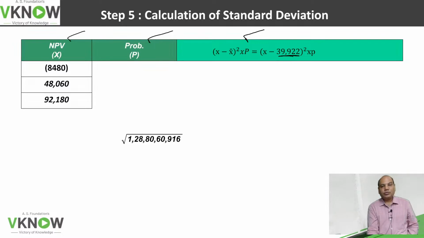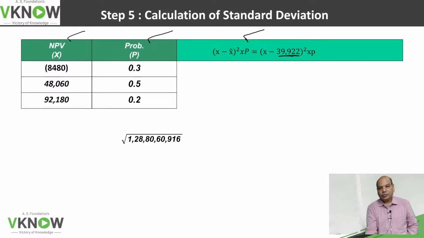Please write, there are three possible NPVs: 8480, 48060, 92180, with the following probabilities: 0.3, 0.5, 0.2.